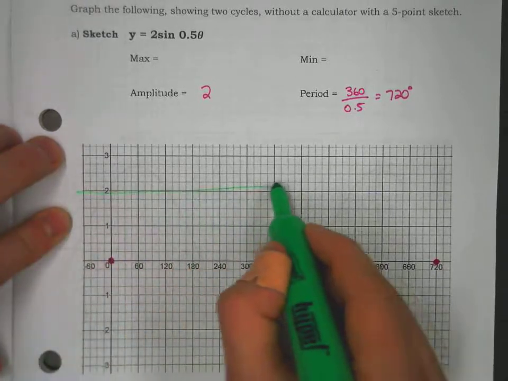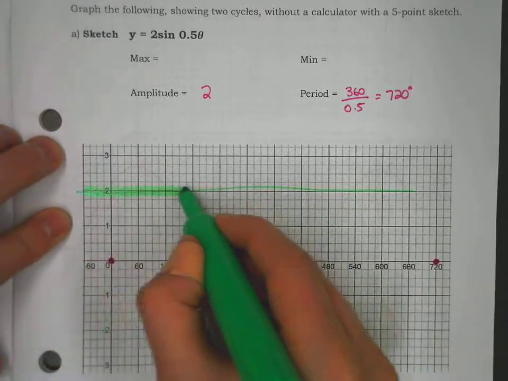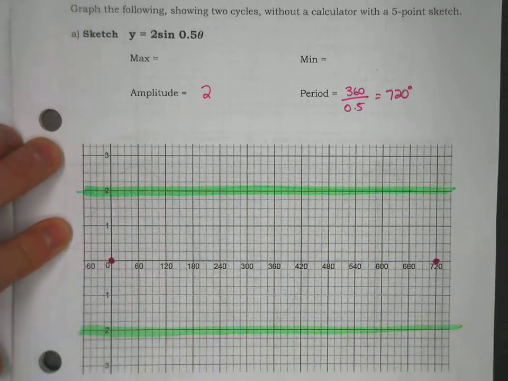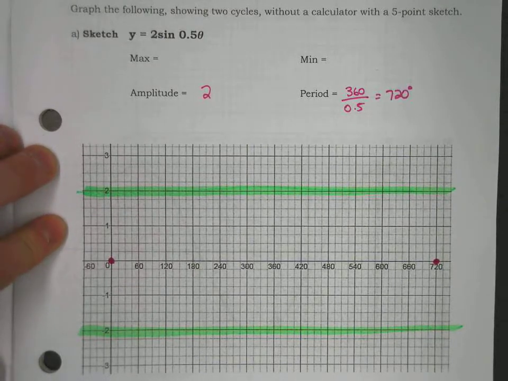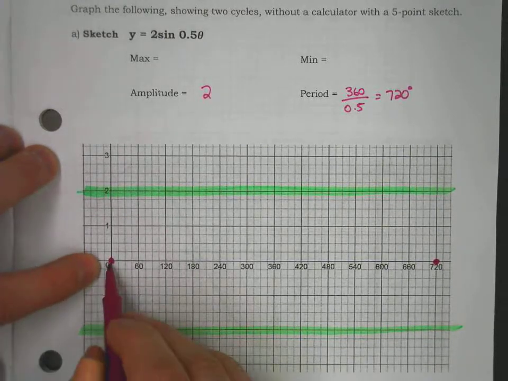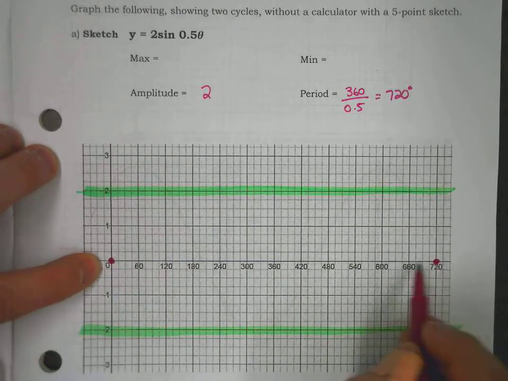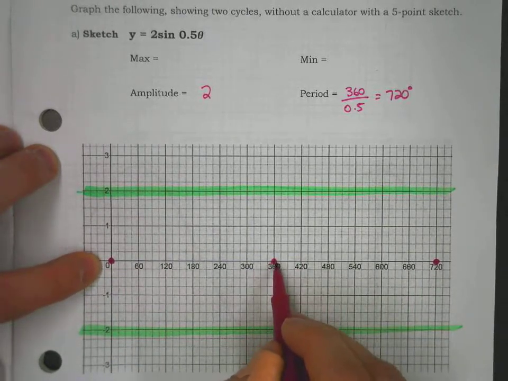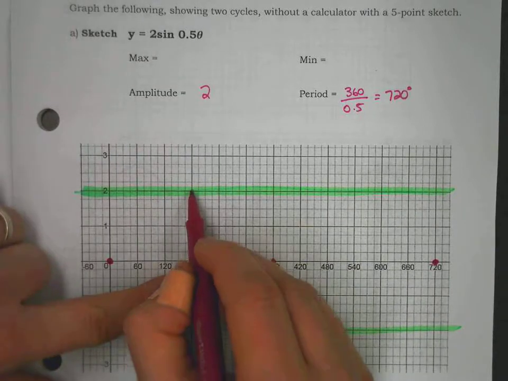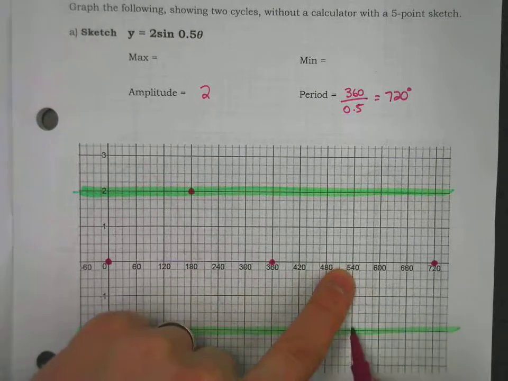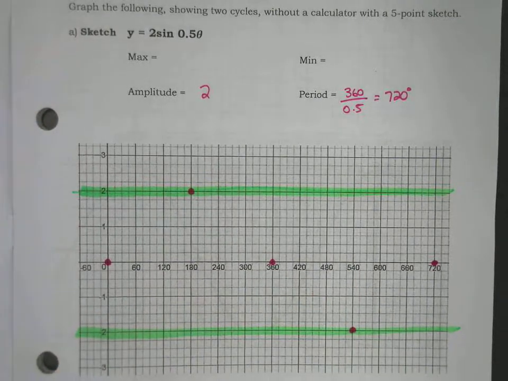I'm going to start drawing in a ceiling and a floor to say the graph must reach the top, it must reach the bottom, but never go above or below. So, first point, last point, halfway point, quarter way point should get to a max, 3/4 way point should get to the minimum, and that's it.